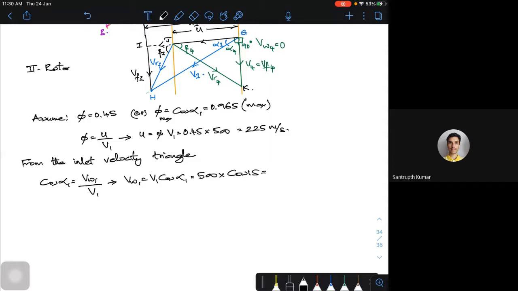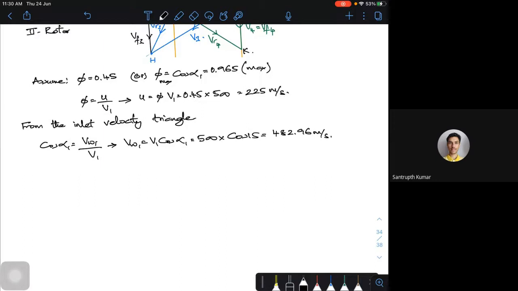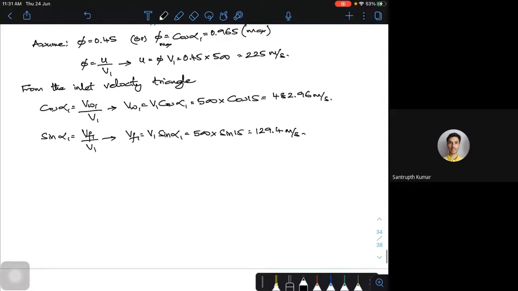I'm getting around 482.96 meters per second. Similarly, sin alpha 1 is equal to Vf1 by V1, or Vf1 is equal to V1 sin alpha 1, or 500 into sin 15, so it is 129.4 meters per second.